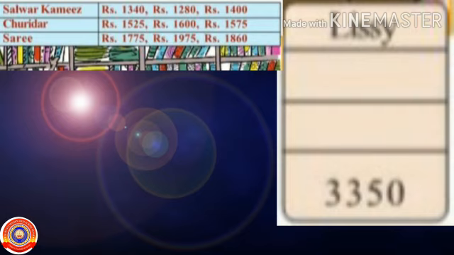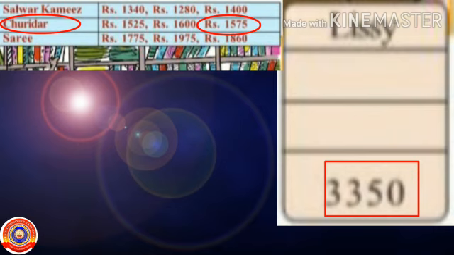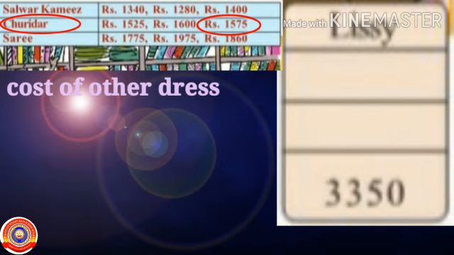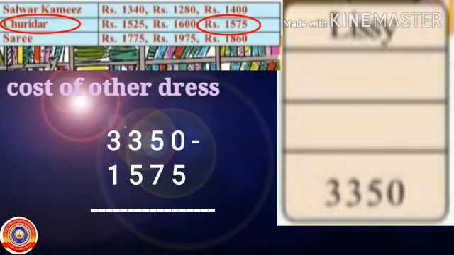Students, suppose Lizzie bought a churidar for 1,575 rupees. Which may be the other dress she bought? Listen, Lizzie had a total of 3,350 rupees. So, to find the cost of the other dress, subtract 1,575 from 3,350. 3,350 minus 1,575.